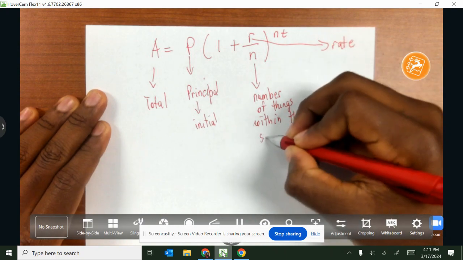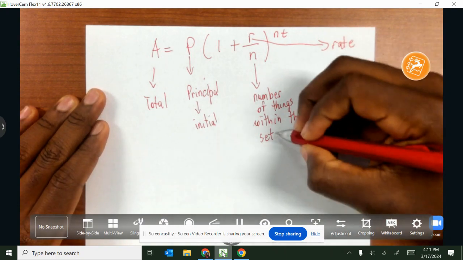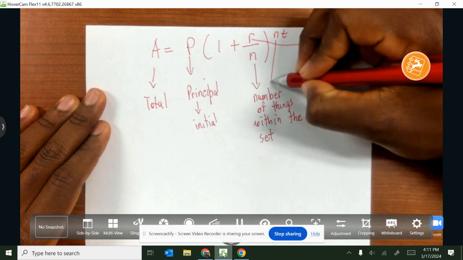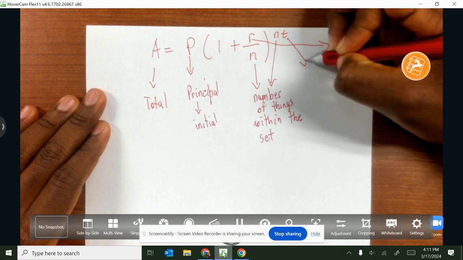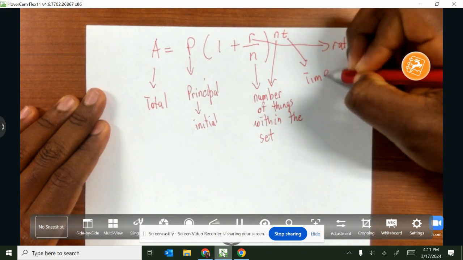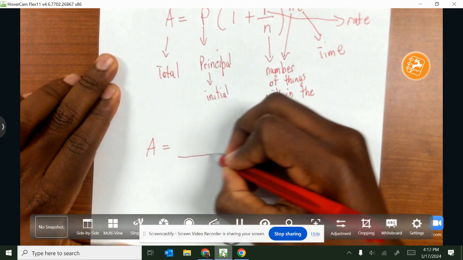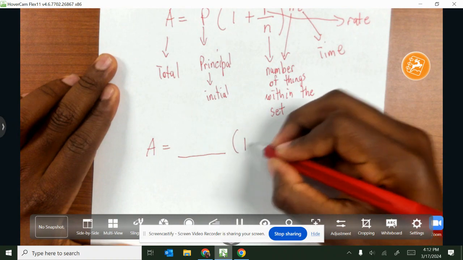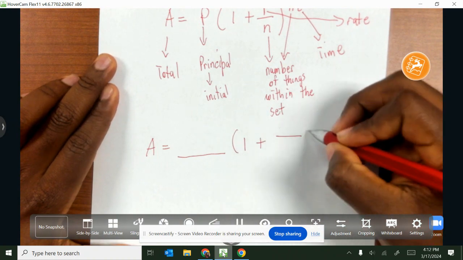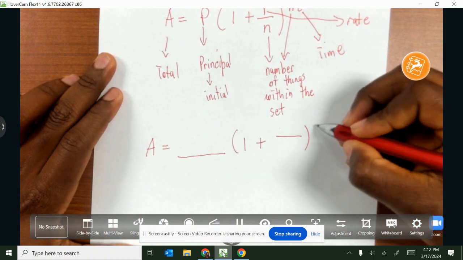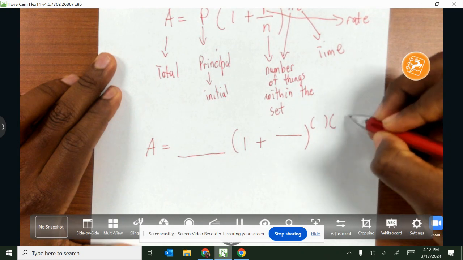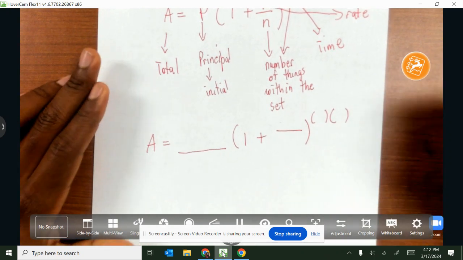I would recommend you write this all in your notebook for the entire thing that I've done. This is that same N, and T you know is time. So we're gonna have A is equal to some principal, parentheses 1 plus some rate over some N of things, and then N being multiplied by T, and T is time.